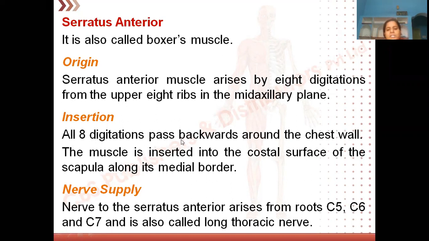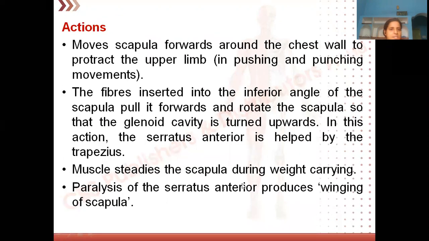All 8 digitations pass backwards around the chest wall. The muscle is inserted in the costal surface of the scapula along its medial border. You have to talk about those digitations, 1 plus 2 plus 5, along the complete medial border. Nerve supply, nerve to serratus anterior, which is coming from the brachial plexus again. We will discuss in our brachial plexus class.